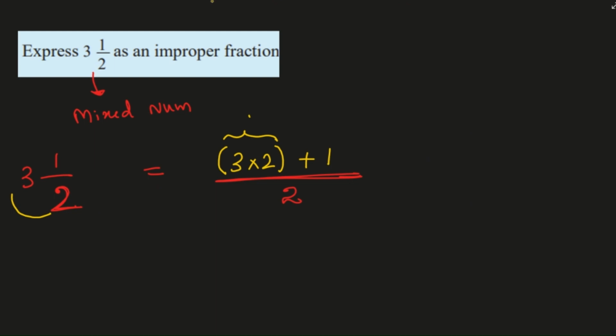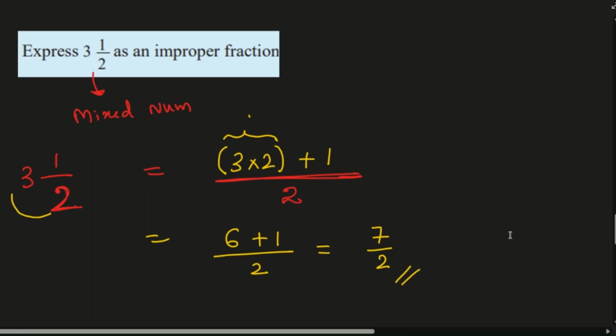So what will be the answer? 3 into 2, it's 6, plus 1 divided by 2. The answer is 7 divided by 2. That means 7 upon 2. So I have converted this 3 and 1 upon 2 mixed number into an improper fraction.